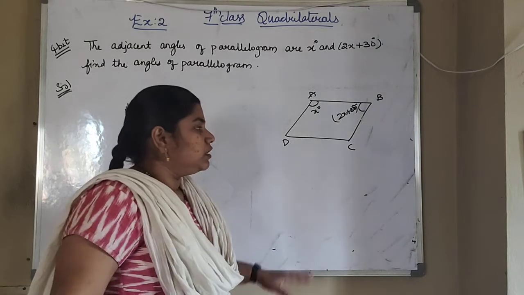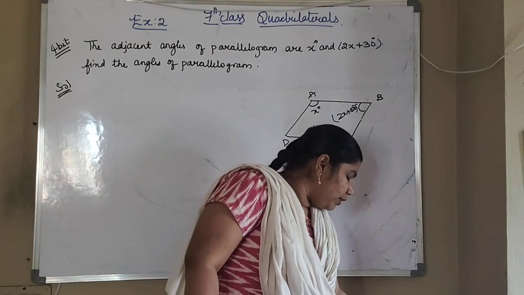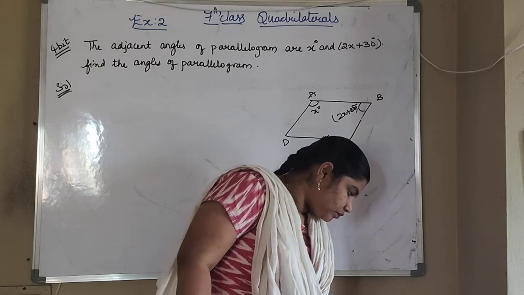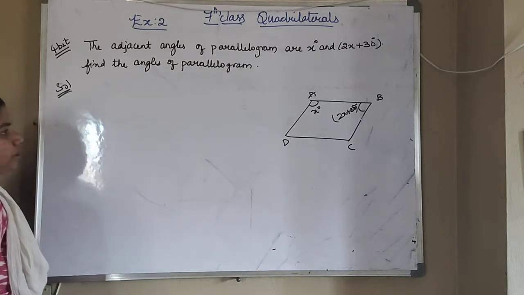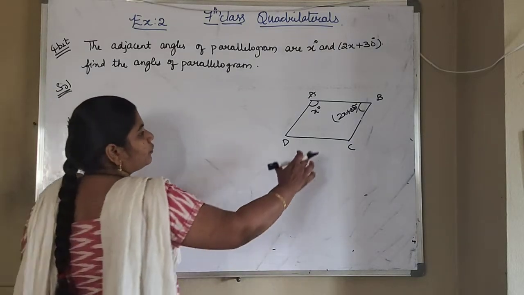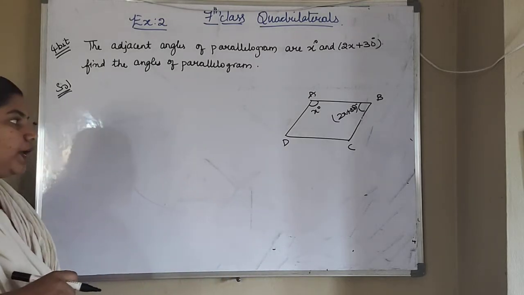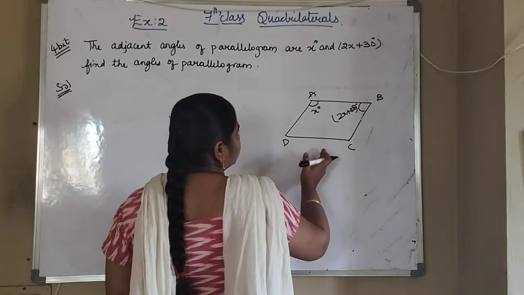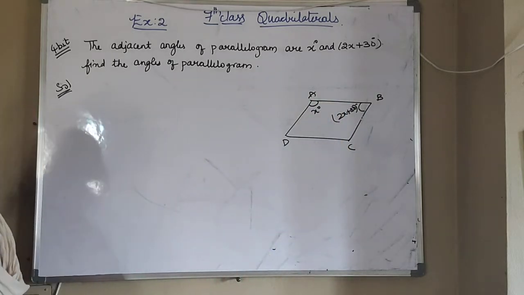So remaining two angles we have to find. How to find the remaining two angles? Already we know that by the properties of a parallelogram, the sum of two adjacent angles will be equal to 180 degrees.